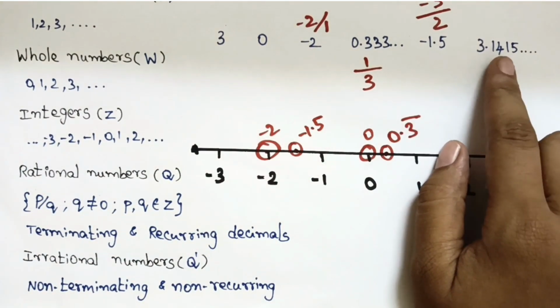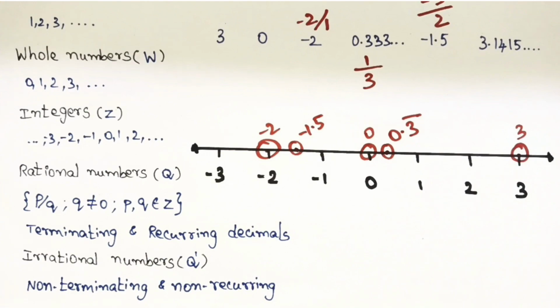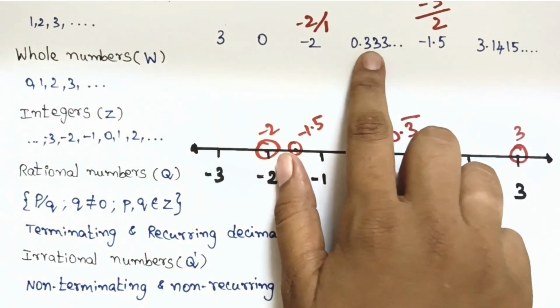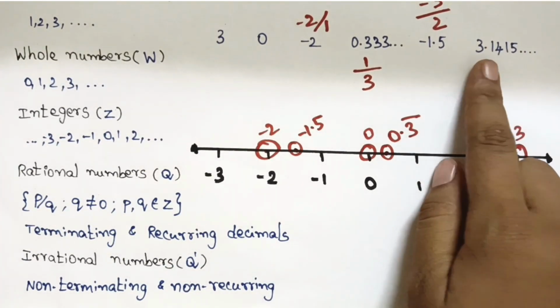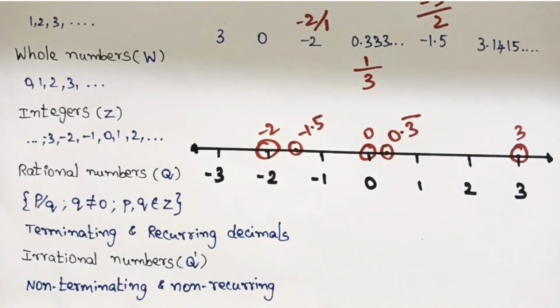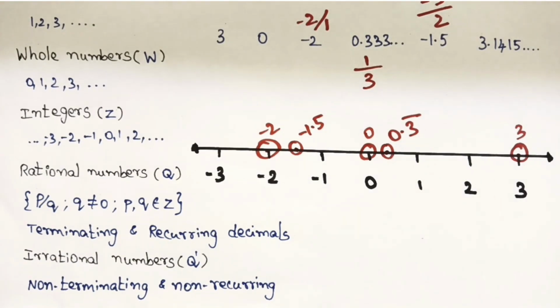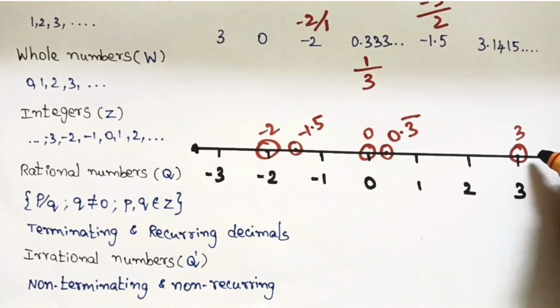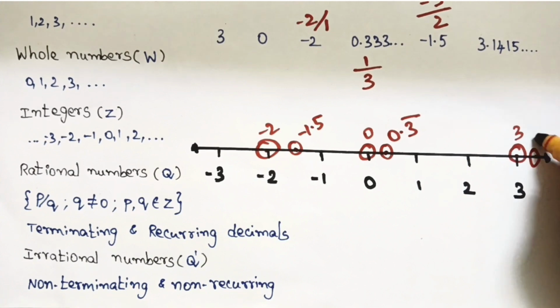So 1415, it does not contain the repeating pattern of numbers like this. It cannot be written as the fraction of two integers. Representing 3.14 on the number line.